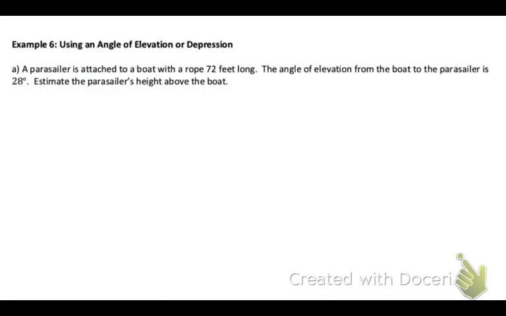All right, so we're going to do 3 real-life problems, and I'm just drawing the best I can, but I always recommend drawing some kind of picture. Also, remember that within this picture, there's going to be a right triangle formation that emerges. So a parasailer is attached to a boat with a rope that is 72 feet long.